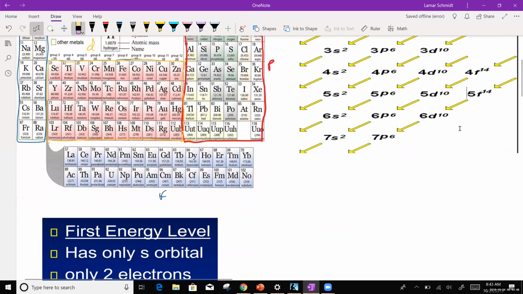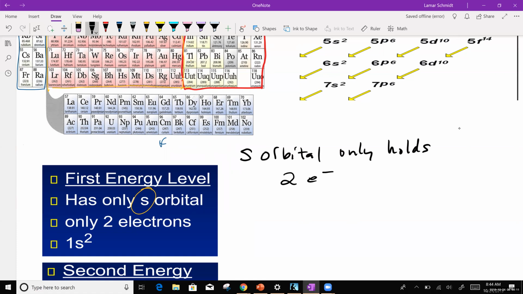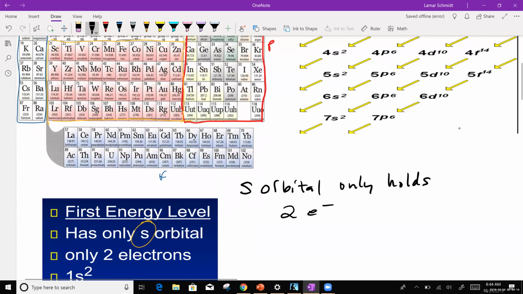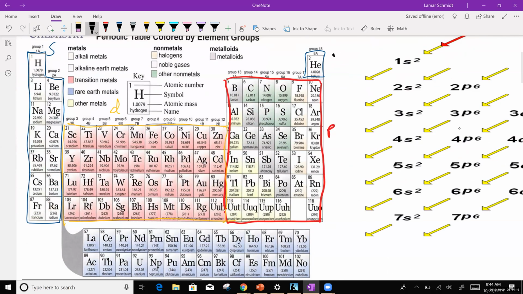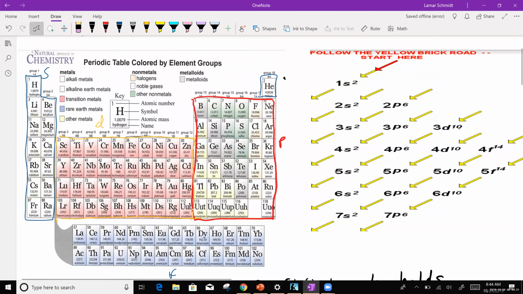In energy level 1, we only have the s orbital. From a previous slide, we said that the s orbital only holds 2 electrons, and you can see that on our periodic table. Let's take a little side step back and talk about those energy levels real quick.